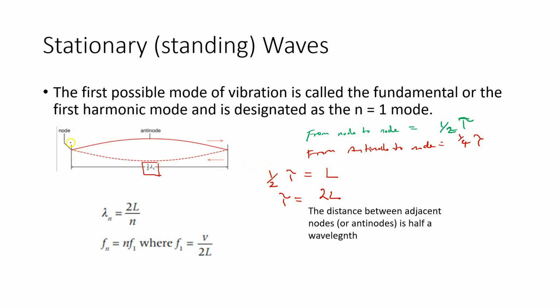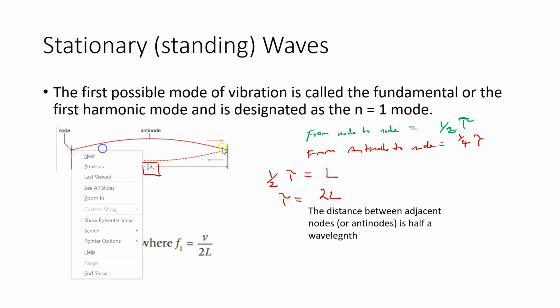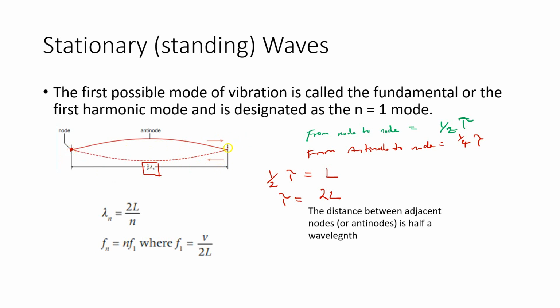Now, whenever we have what we call a closed-end standing wave, a closed-end standing wave is when you have two nodes, one on each end. Imagine that you have one end closed here and another end closed here. As we can see, if that's the case, we can say that this is the first harmonic.